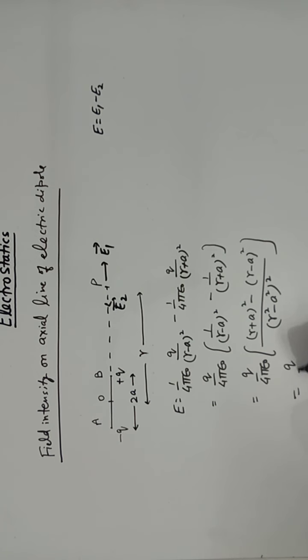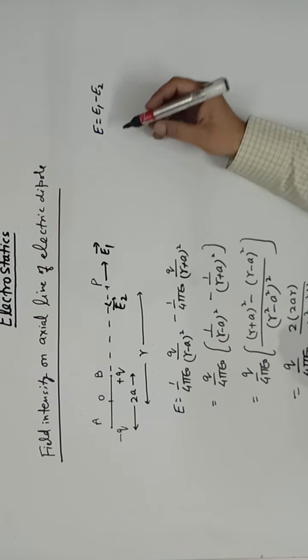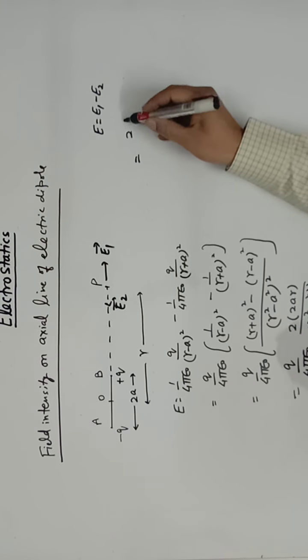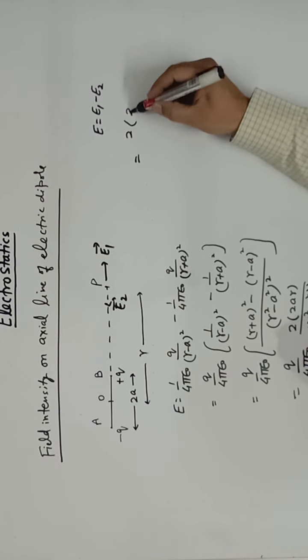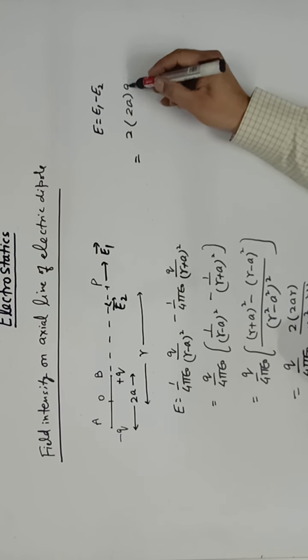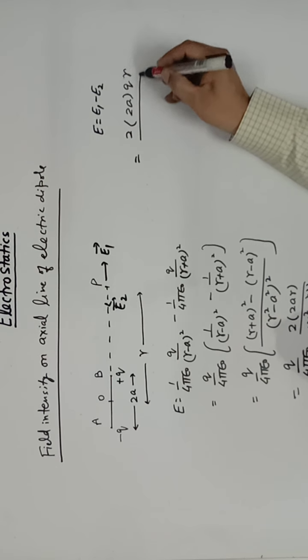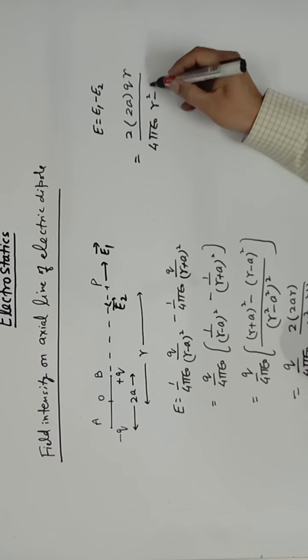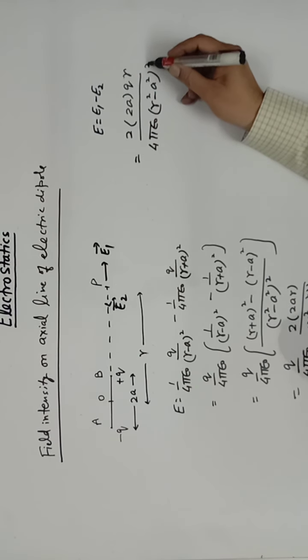When we simplify it, we have q upon 4 pi epsilon naught, 2 into 2ar upon r square minus a square whole square. So we can write 2 into 2a into q into r upon 4 pi epsilon naught r square minus a square whole square.